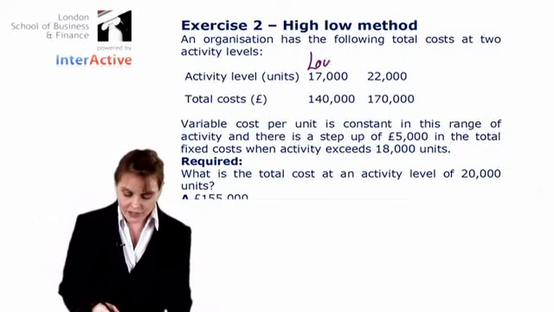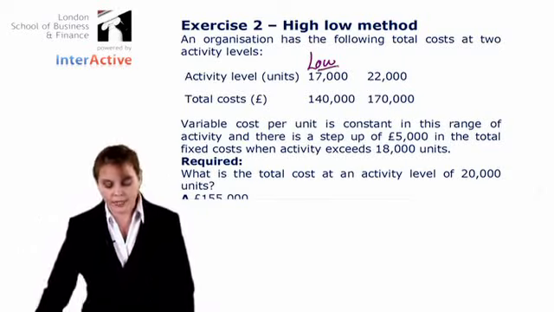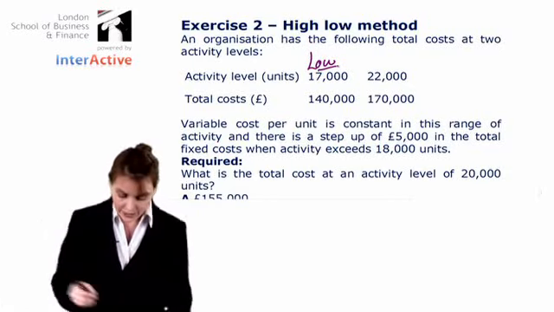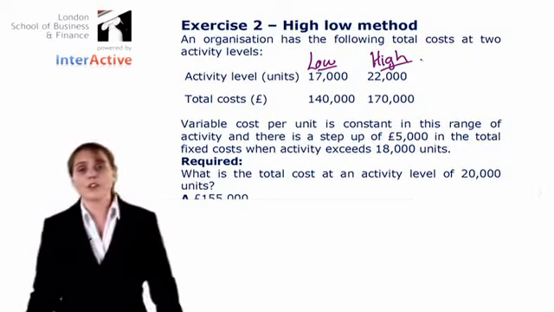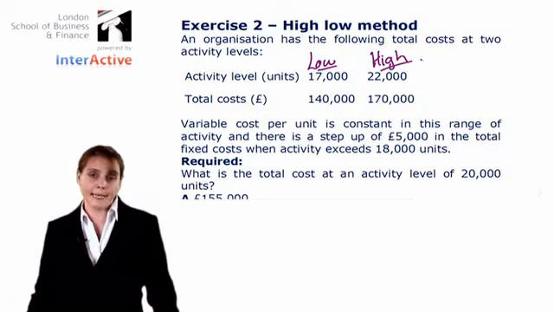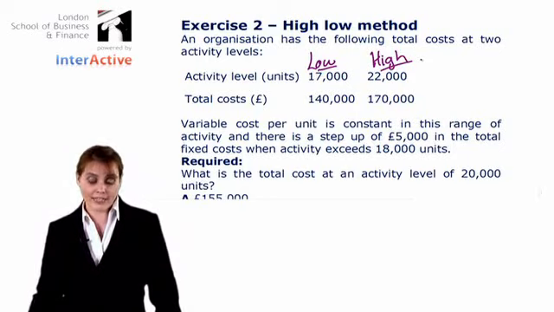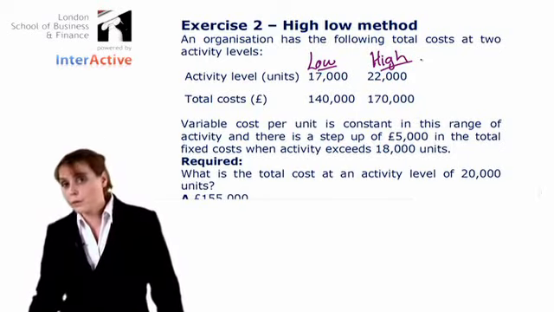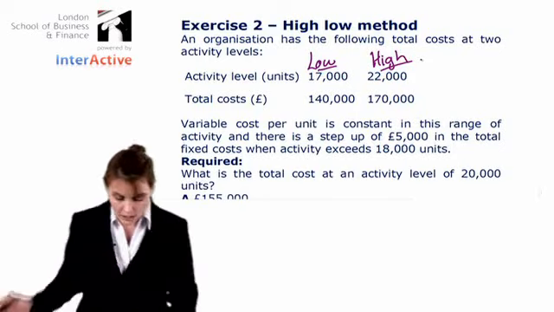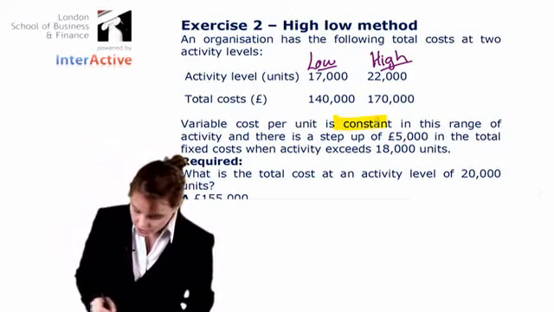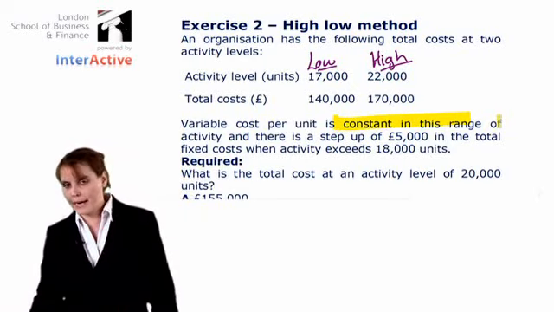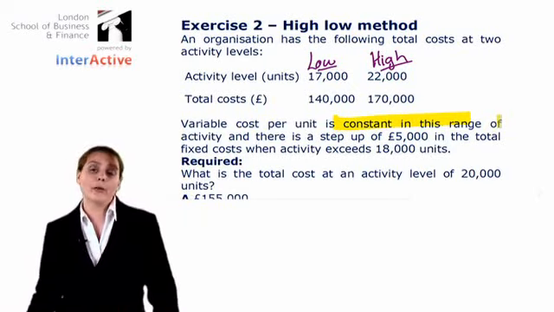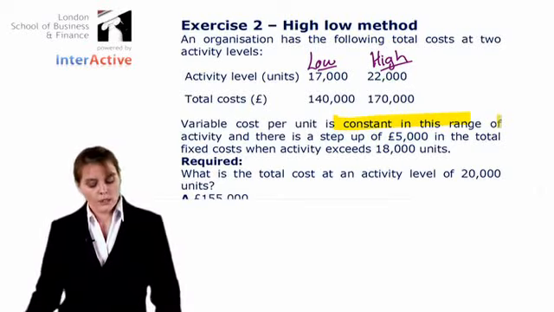A low level of activity, 17,000 units, and our high level of activity, 22,000 units. And we're told what total cost will be at each 2 levels of activity. Then we're told variable cost per unit is constant in this range of activity, which is what we would expect.